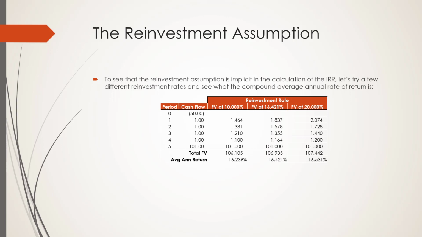And hopefully you can see the problem here. If you have an investment that has a very high IRR, what are the odds that you're going to be able to reinvest the cash flows from that investment at that same very high rate of return? Pretty unlikely. So in the case of a really good investment, the IRR probably overstates your average annual return. In the case of a bad investment, it probably understates your average annual return.